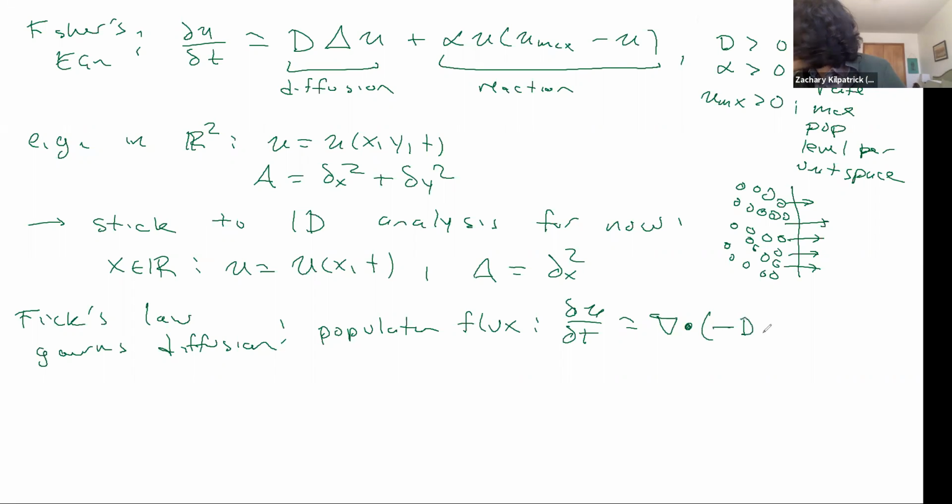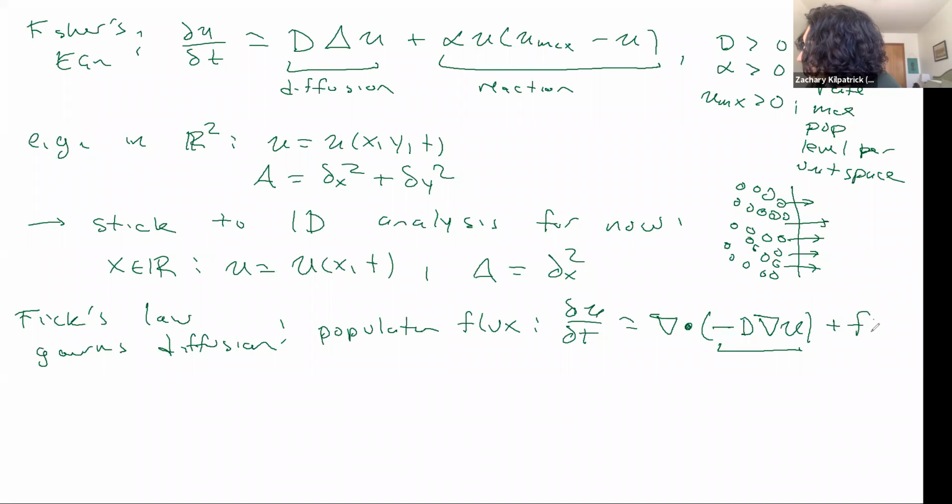So minus D gradient of u is going to be the physical law that this substance, which is our population, is going to follow.